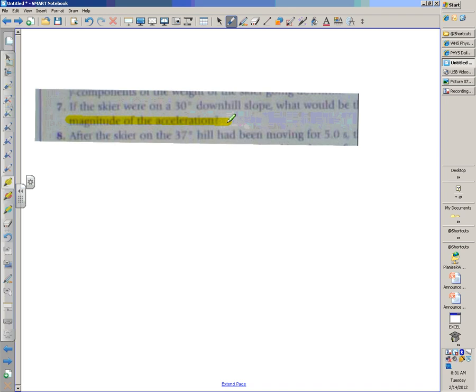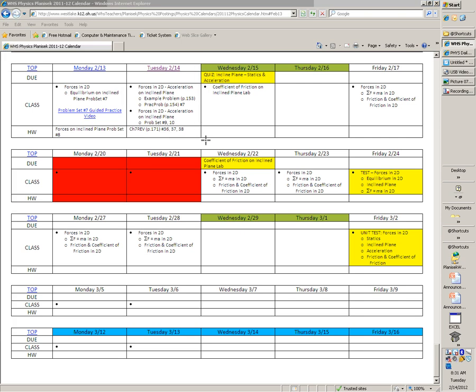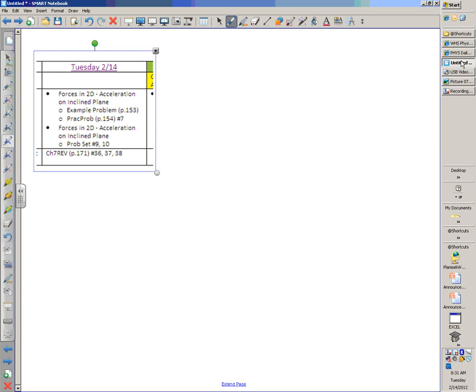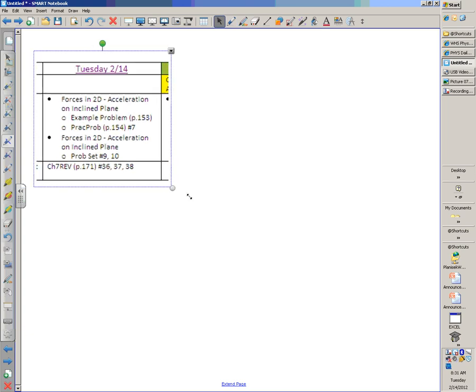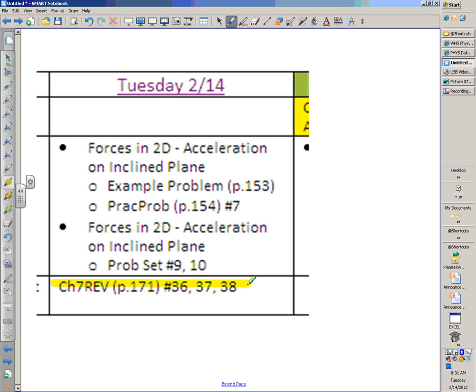Oh, I should do this actually before I finish the recording. So on page 154, number 7, very similar to that problem. Also, from the calendar, at the end of the chapter, page 171, number 36, number 37, and number 38.